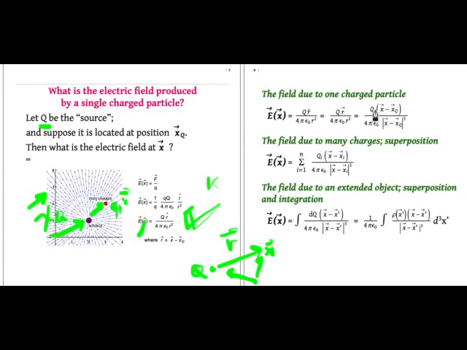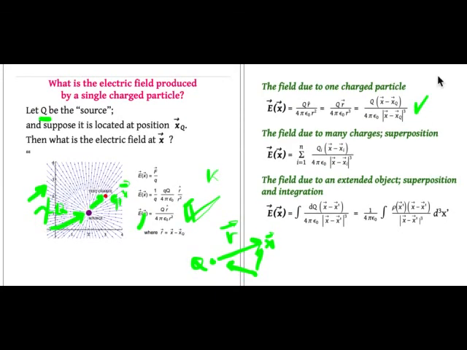So I could write this as Q times x minus xq divided by 4 pi epsilon 0 times the length of x minus xq cubed. And if I'm given information about positions in Cartesian coordinates, this will be the easiest way to calculate the electric field.